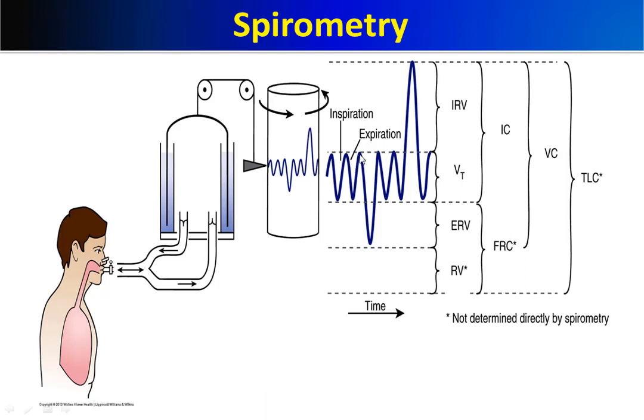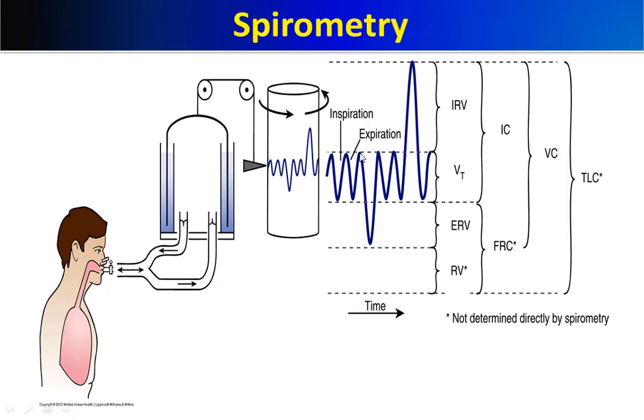Now, if from this position, the end of normal resting eupneic inspiration at sea level, you ask this subject to breathe out, to expire with force, how much air gets out?